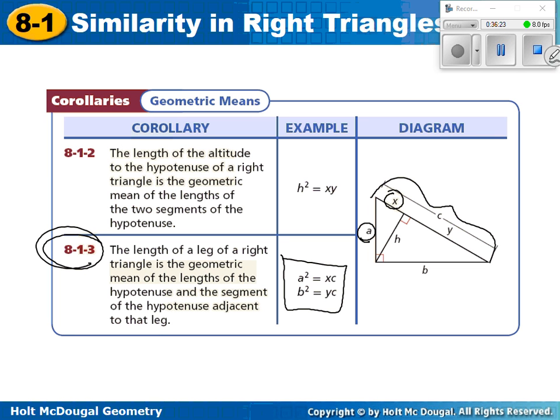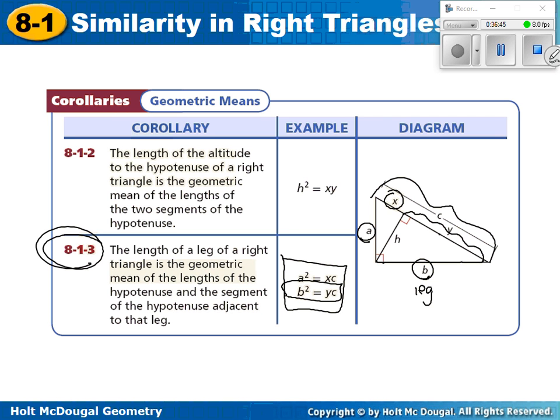Okay, what I want to show you is that it works for the other leg as well. So here's the second one. Same shortcut. Would you agree that B is a leg? Okay, so the leg squared is going to equal part of the hypotenuse, but which part? The part that touches the leg you're looking at.